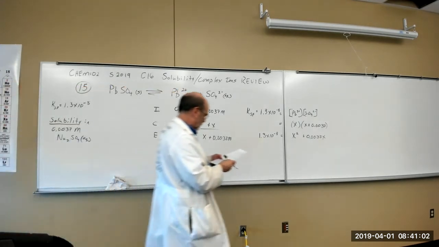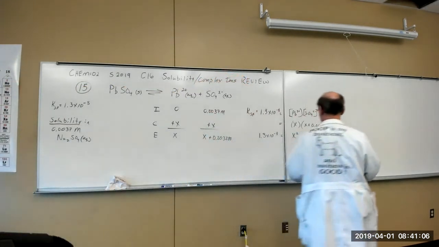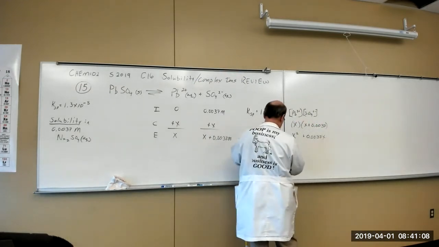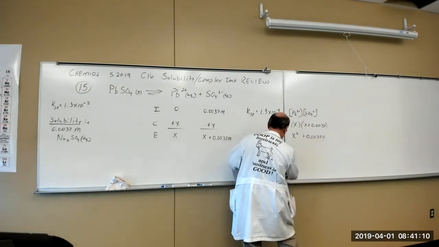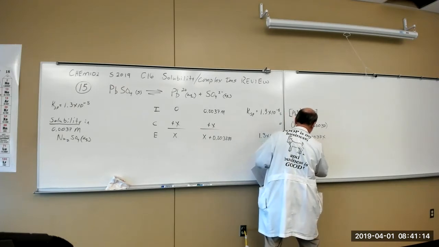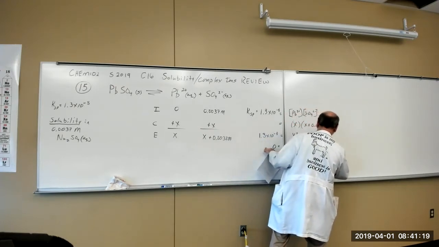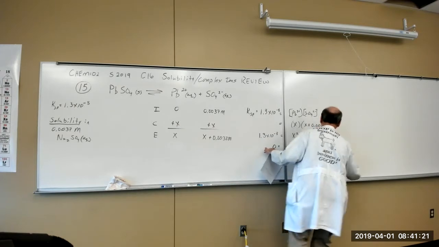Well, I might as well do the whole field. Let's see, how much room do I have? I got some room left over here. All right, so to use our quadratic, we have x squared plus 0.0037 x minus 1.3 times 10 to the minus 8.